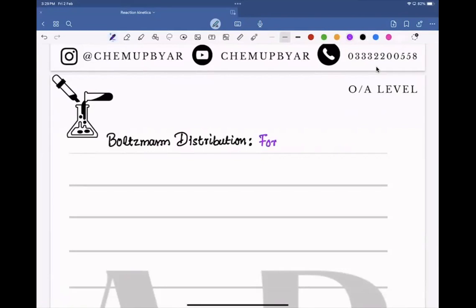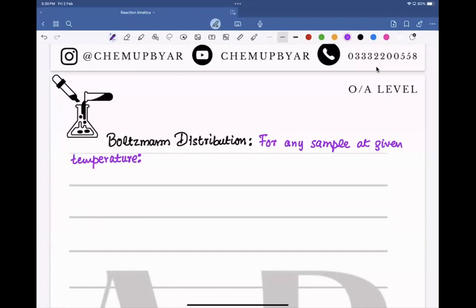So for any sample of reactants or any sample of a substance at a given temperature.